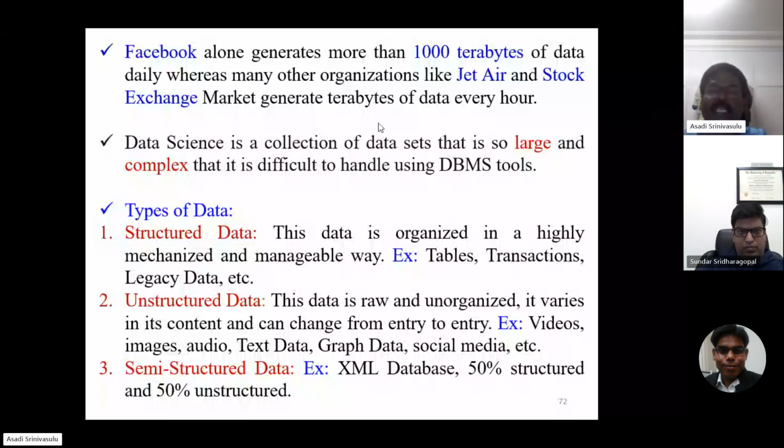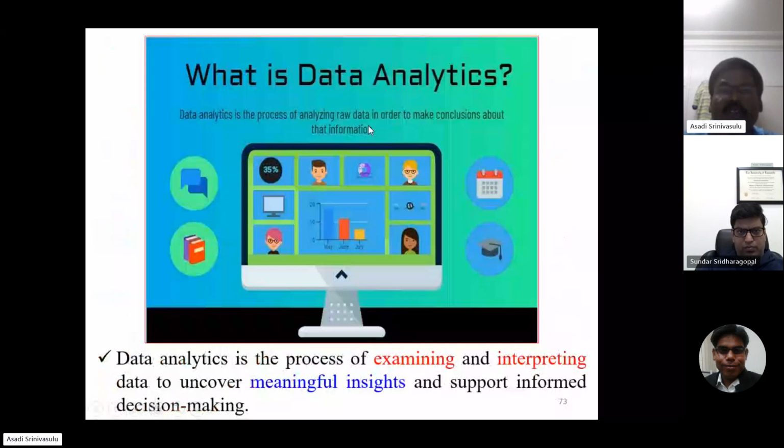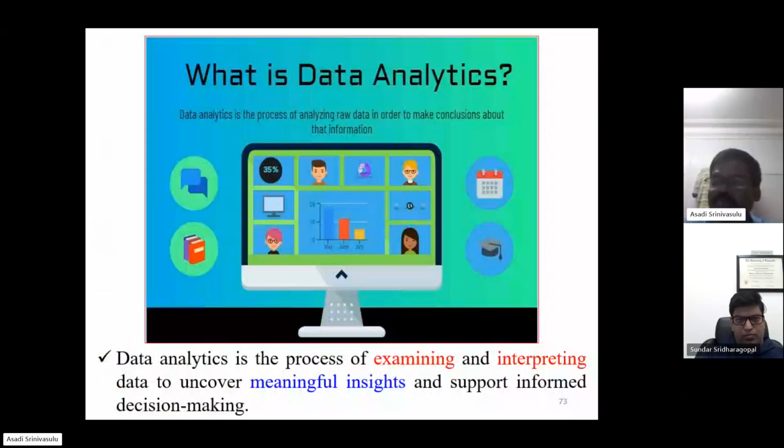Then, why do we want to study data analytics? It is the process of analyzing raw data in order to make a conclusion about the information. That means we are extracting insights, interesting patterns, and meaningful data with the help of various tools and techniques.